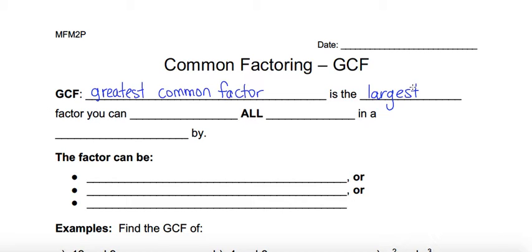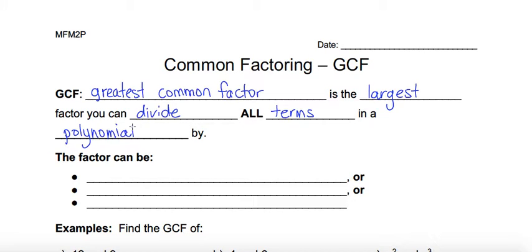So it's the largest factor that you can divide all terms in a polynomial by. Right now that just seems like a sort of confusing definition, but you're going to see as we go through some examples what that actually looks like.